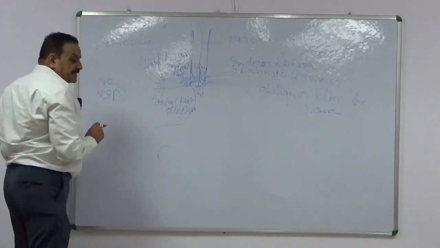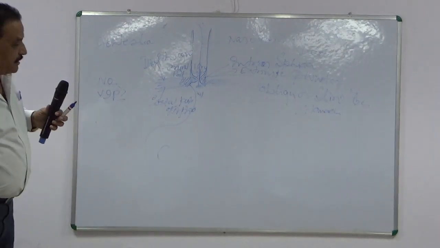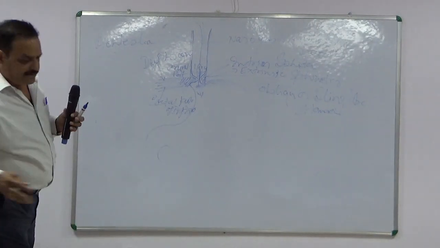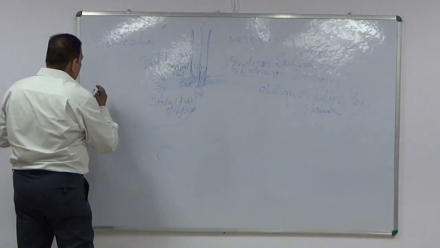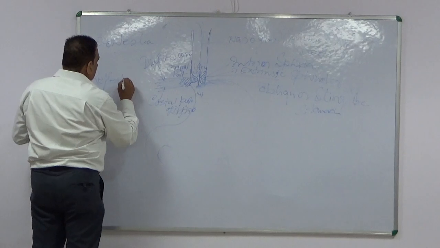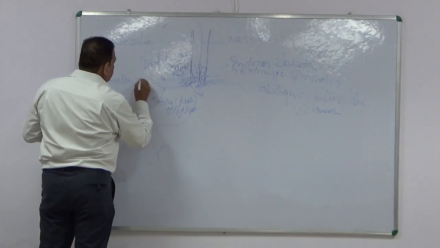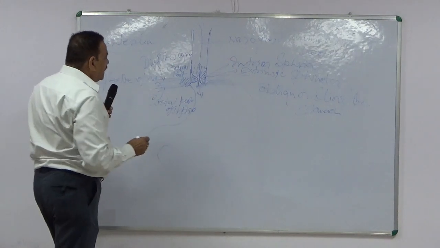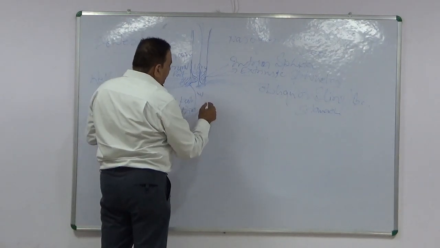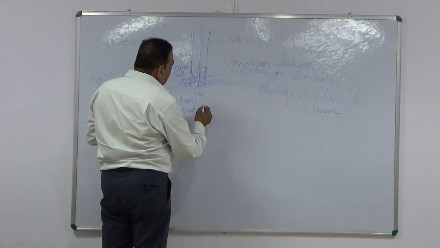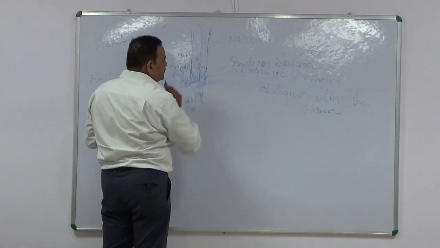And the second condition is reflux esophagitis. In this condition, the sphincter doesn't work, and the stomach contents, during high gastric pressure, pass into the esophagus.